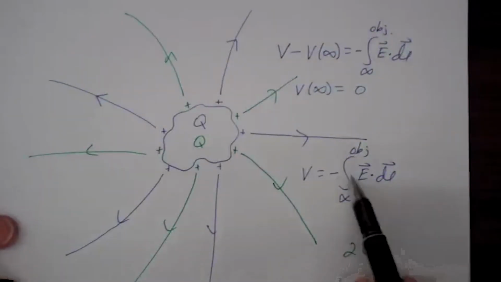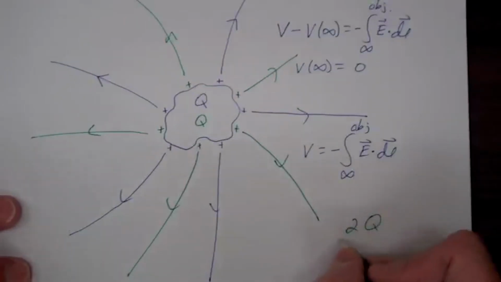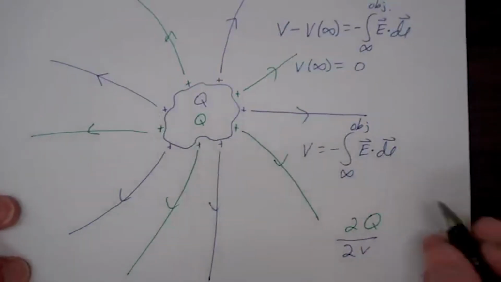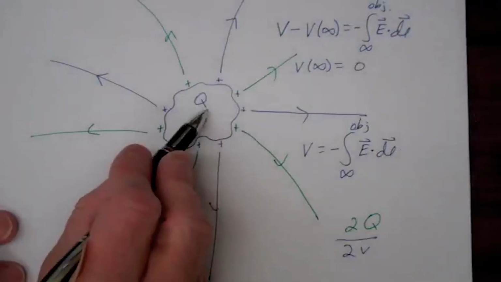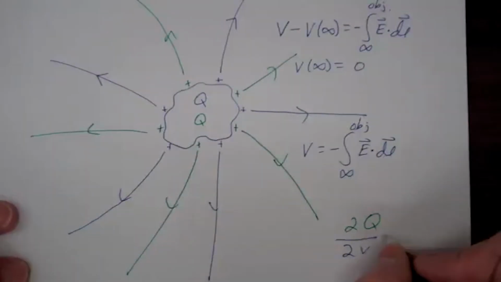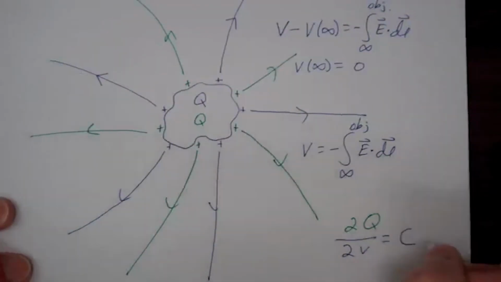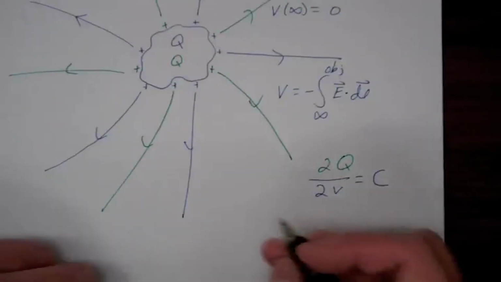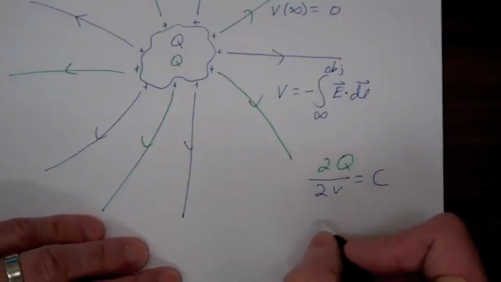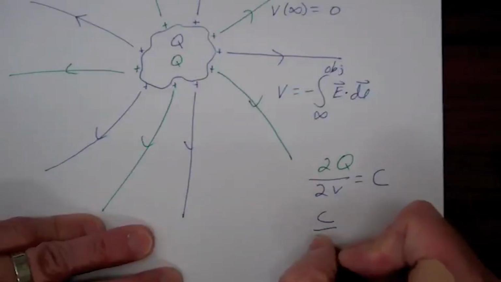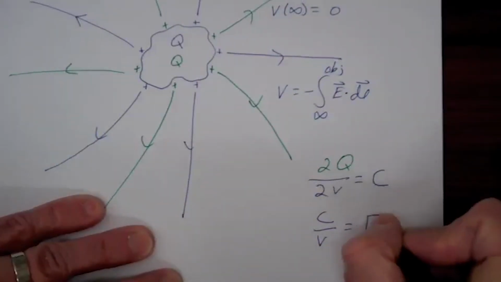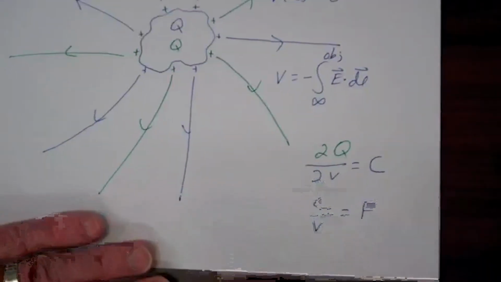If we've doubled the electric field everywhere, we've doubled the voltage. So we see that the ratio of the charge on the object to the potential of the object is going to be a constant. And that constant is called the capacitance. And so it will have units of coulombs per volt, which is designated as a farad in honor of Michael Faraday.